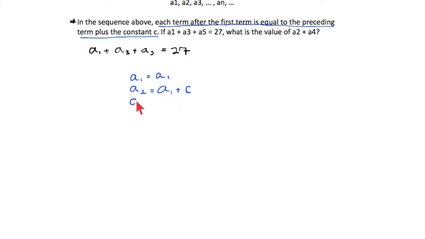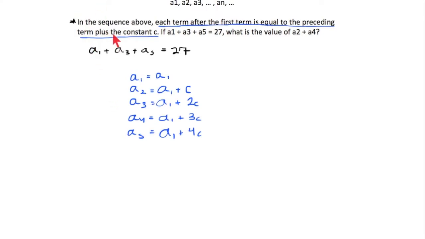And the third term is equal to the first term plus c, which is a2, plus another c, which is better written as plus 2 c's. And the fourth term is the first term plus 3 c's, and the fifth term is the first one and 4 c's. I could go on, but that's the general pattern.